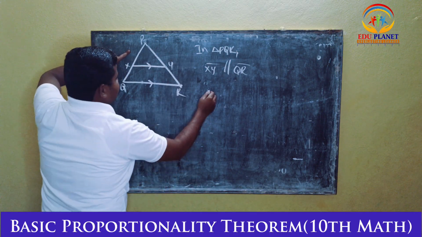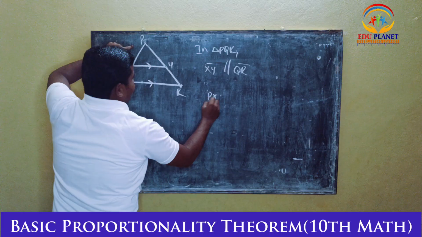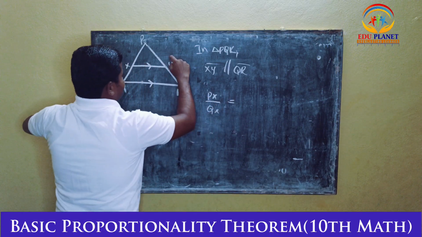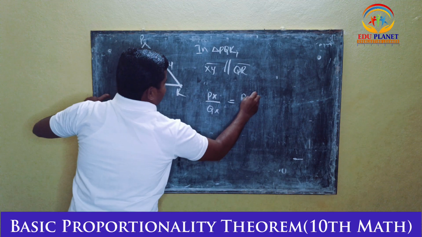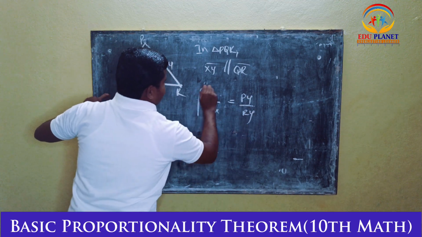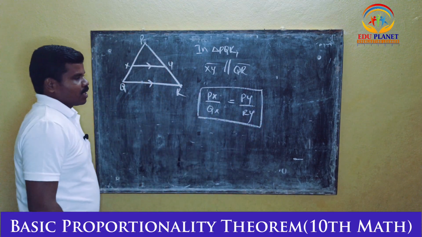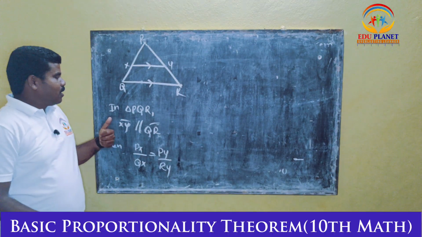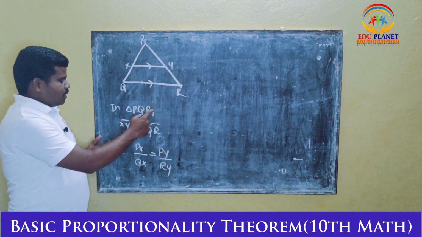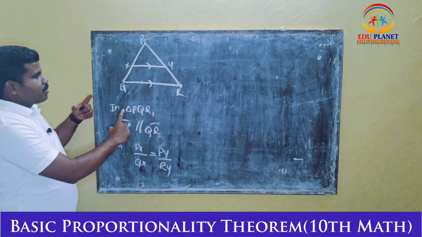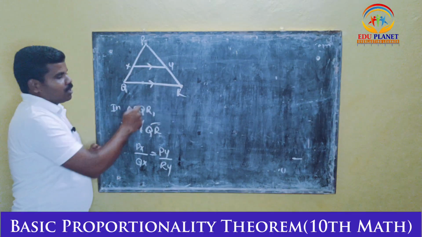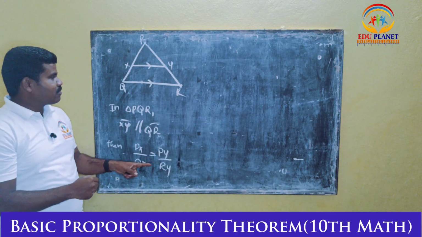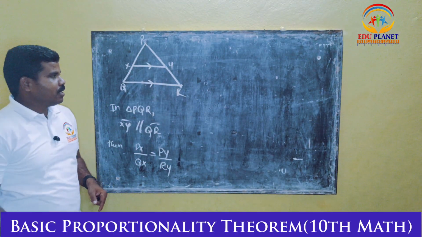In simple words, we can write that PX upon QX equals PY upon RY. Yes, this is known as Thales theorem. In this triangle PQR, XY is parallel to QR, then the remaining two sides PQ and PR will be divided in the equal ratio. It means PX upon QX equals PY upon RY.